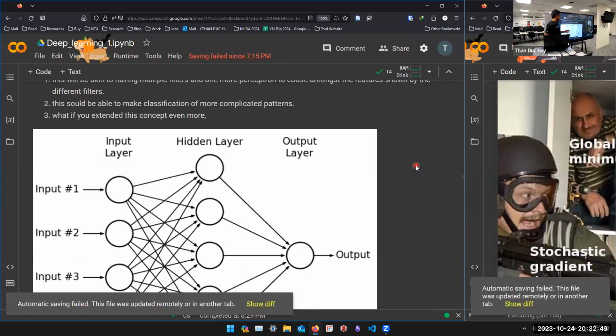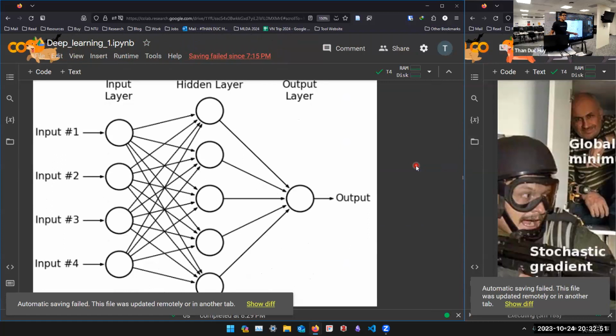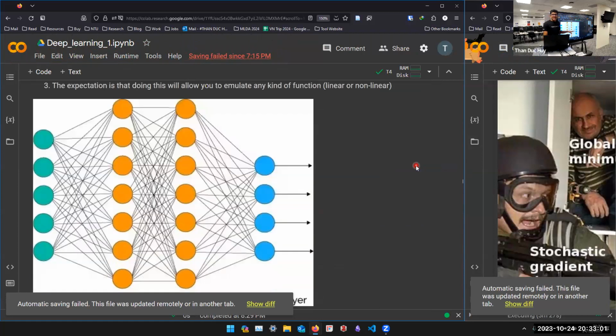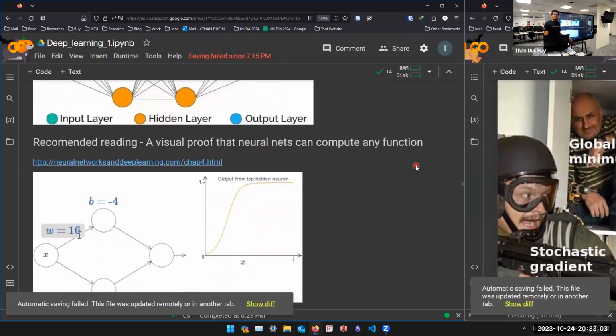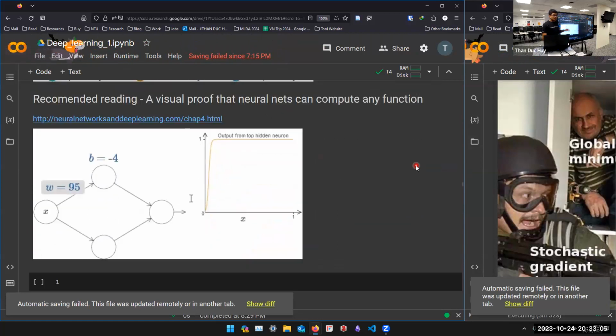And then we spoke about how we can use multiple neurons, either in parallel or stacked on top of each other, to essentially make any kind of complicated function that you can think of. Please do go check this website out. It's very helpful and very clear. They've clearly written it out.